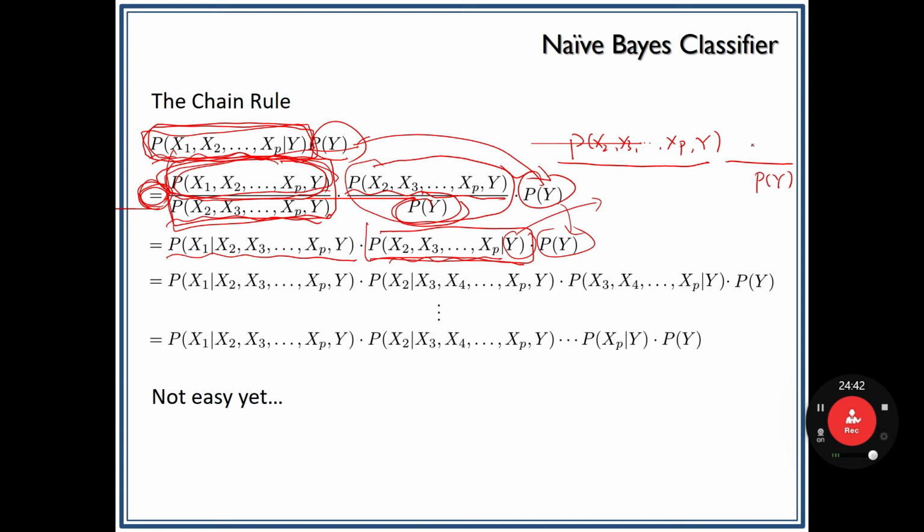And we multiply the same probability on both sides, here and there.